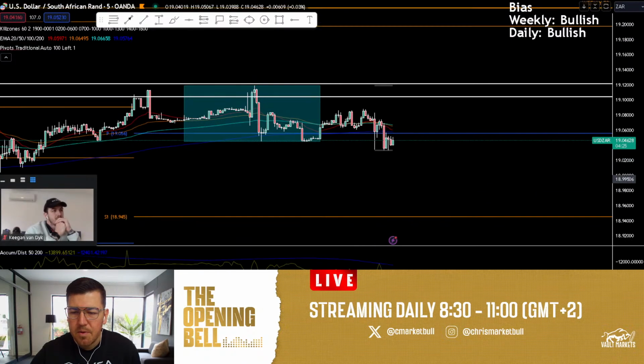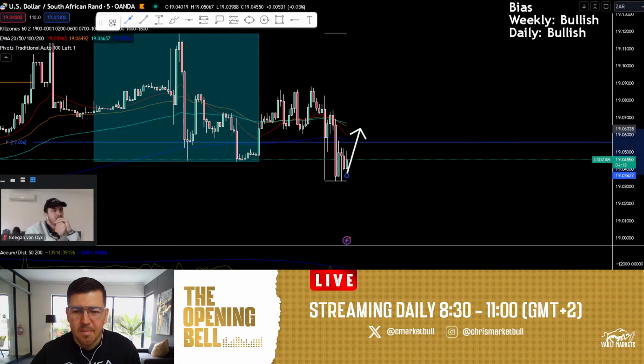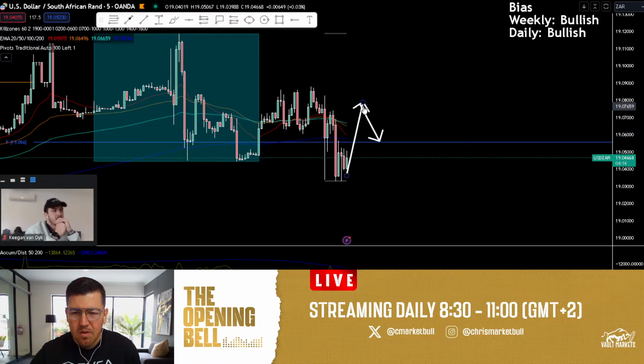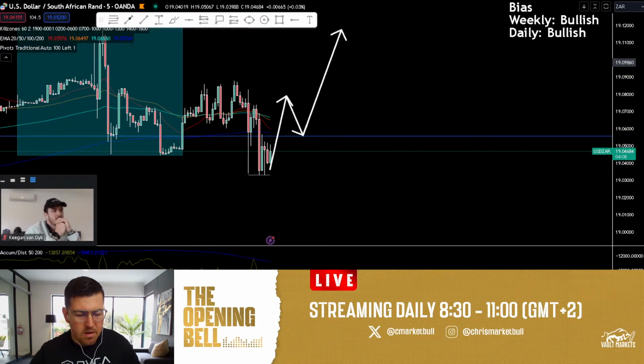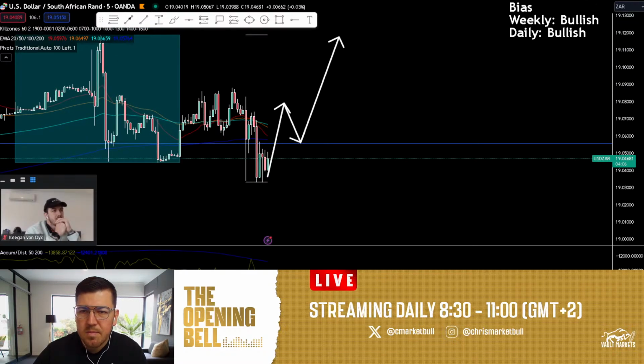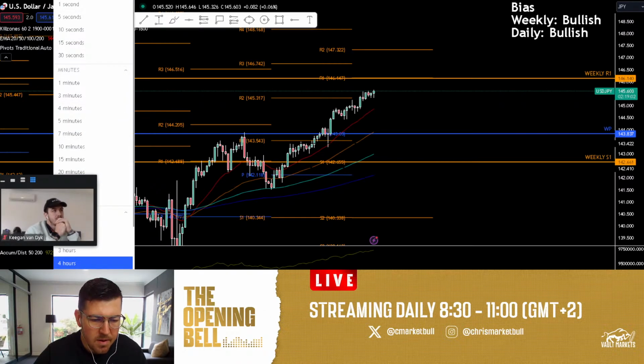Currently some bearish pressure, but if we get a closure back above the daily pivot, something like this, I would consider longs. And also depending on how the spread is looking during that time, spread could be quite bad during the open.